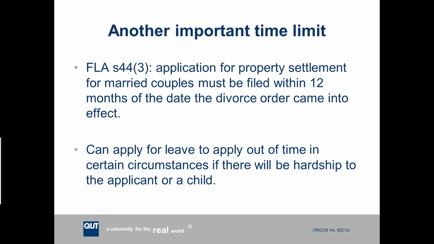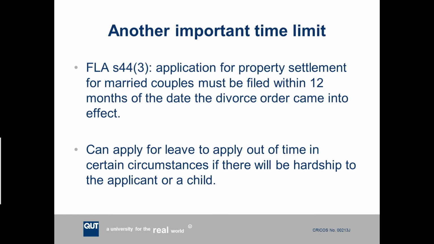Another very important time limit is that for people that are married, an application for property settlement must be filed within 12 months of the date the divorce order came into effect. Now, that's a very important time limit, and sometimes lawyers in practice get caught out.